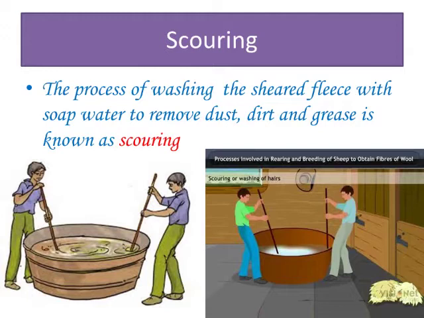So now you came to know what scouring is. Yes, the process of washing the sheared fleece with soap water to remove dust, dirt and grease is known as scouring. Even machines are used to do this.